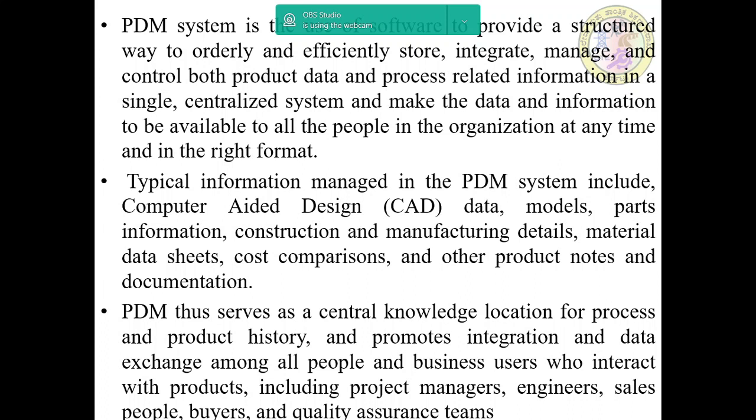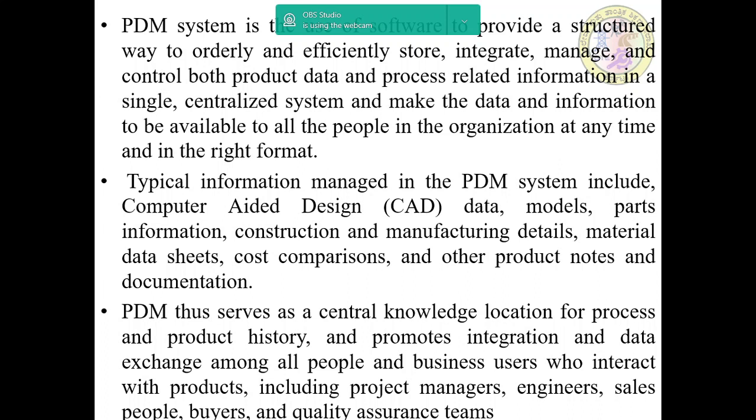Typical information managed in the PDM system includes computer-aided design data, models, parts information, construction and manufacturing details, material data sheets, cost comparisons, and other product notes and documentation.